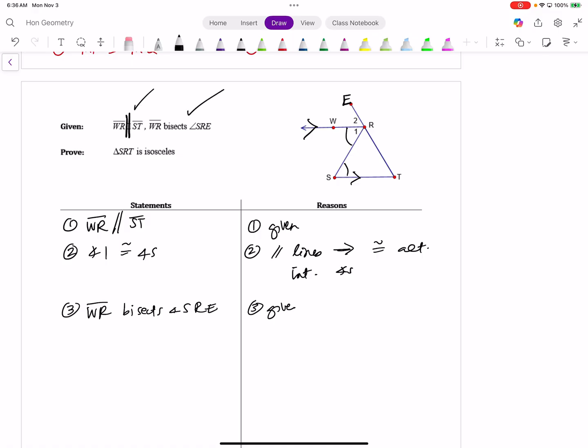Okay, so that means that angle 1 is congruent to angle 2 because of the definition of an angle bisector. Okay.